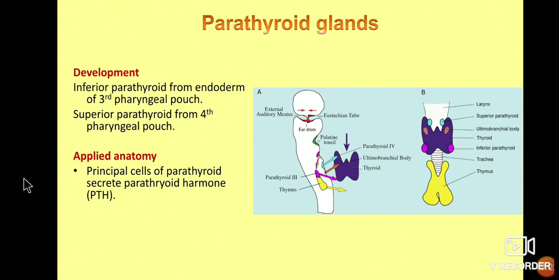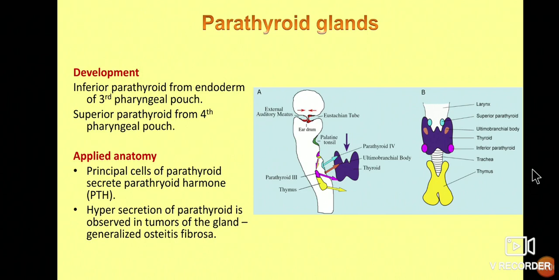Hypersecretion of the parathyroid produces a condition called osteitis fibrosa. What happens is decalcification takes place because more calcium is mobilized from the bones. Apart from that you also see hypercalcemia.